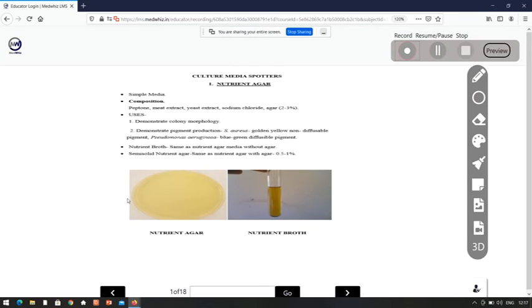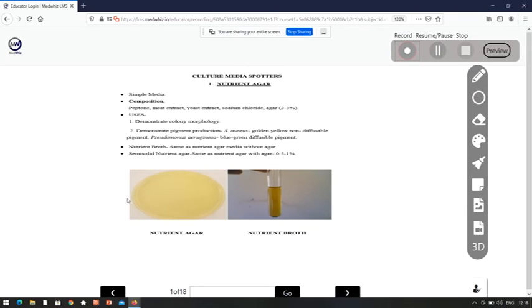Okay. Nutrient agar contains a solidifying agent called agar. If you say nutrient agar, it definitely contains agarose. Agarose is derived from seaweed and is incorporated into this medium to make a jelly material, so it is called a solidifying agent.